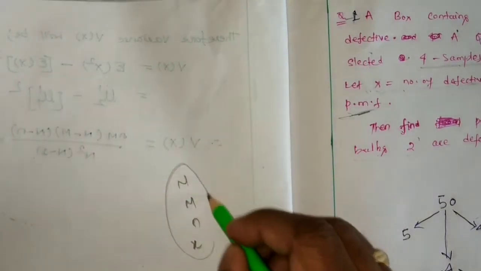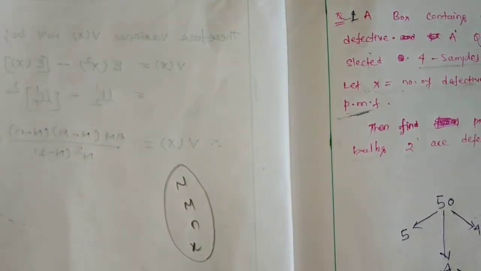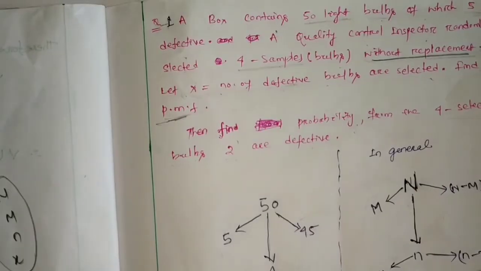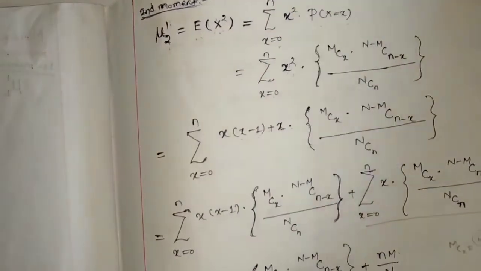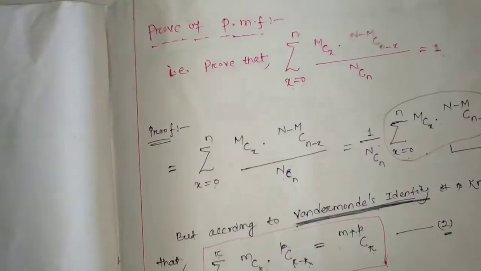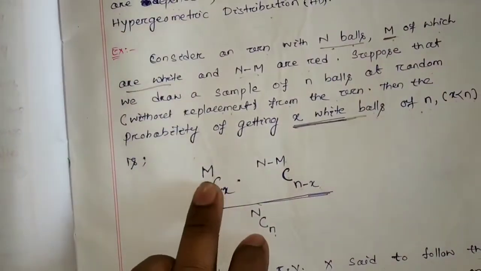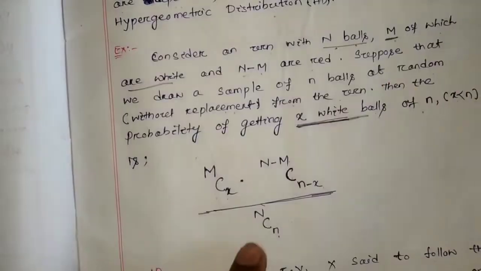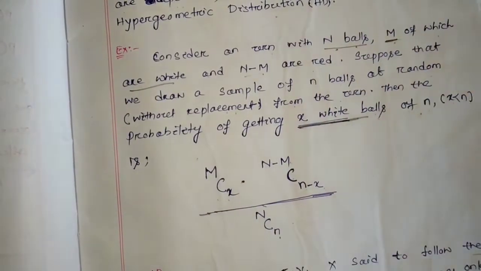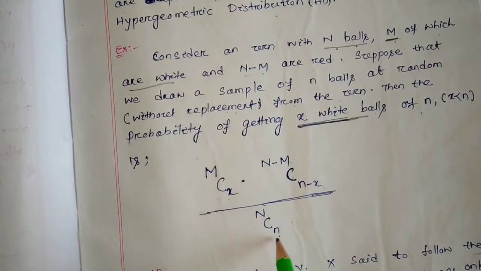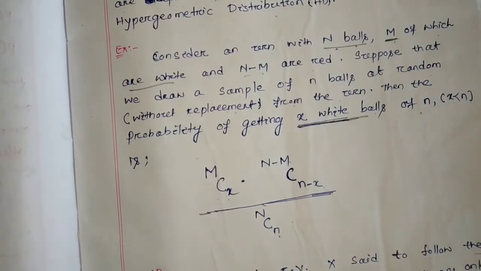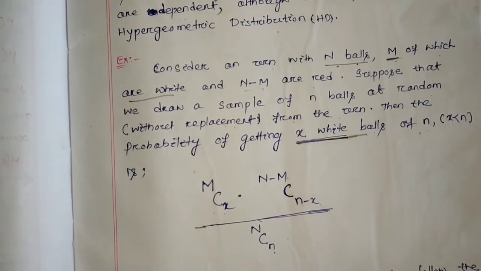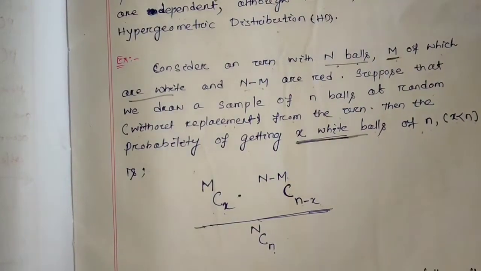These are the most important, because the pmf of the hypergeometric distribution is M C x times N minus M C n minus x divided by N C n. So if we can find M, N, x and small n in a question, then we can easily solve that question.